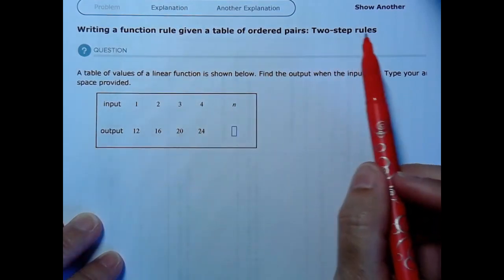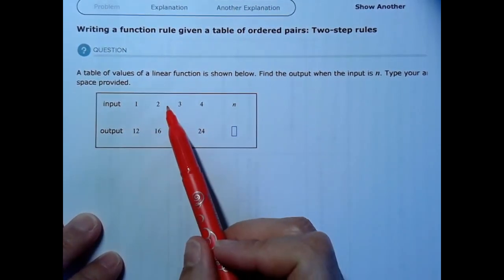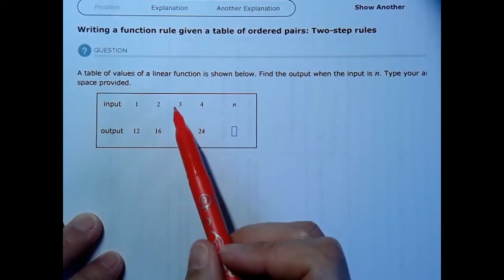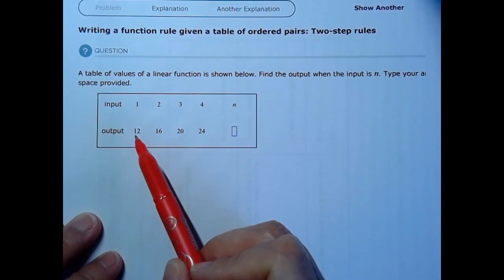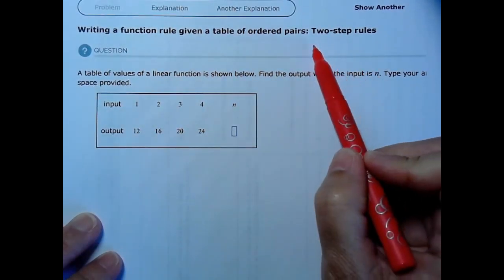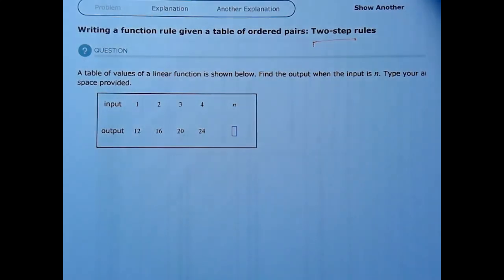When it was a one-step rule, you probably thought it was pretty easy because you either added or subtracted or multiplied or divided to get from the input to the output. But this time you'll notice it says two-step rules. So it's a little different, okay? I think the easiest way to do this one is to find what we call the change.